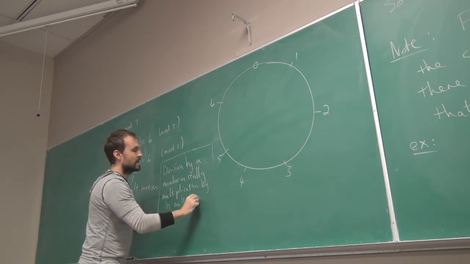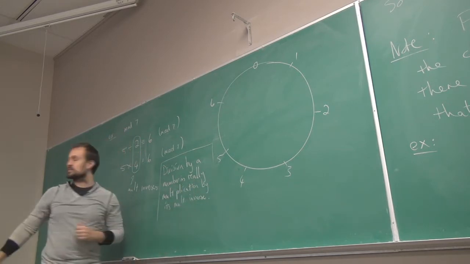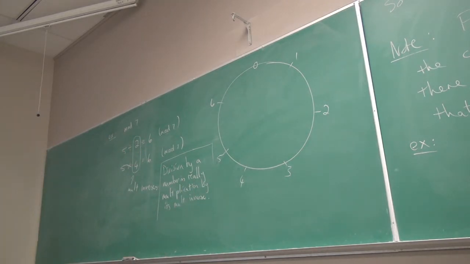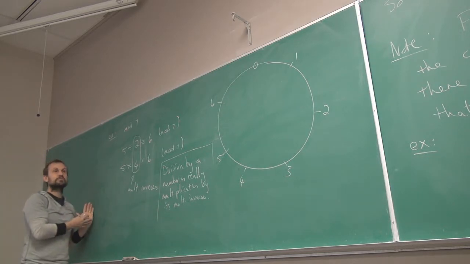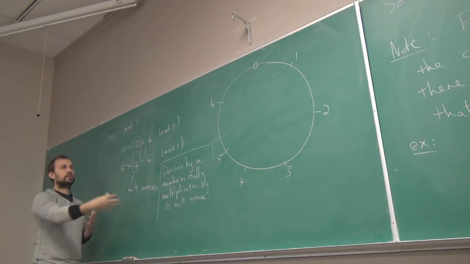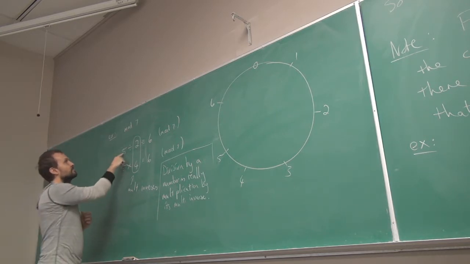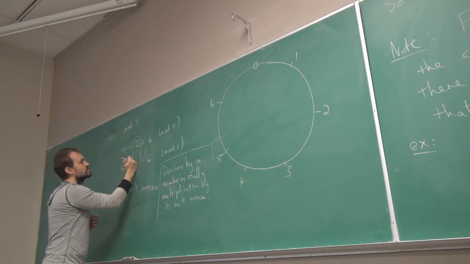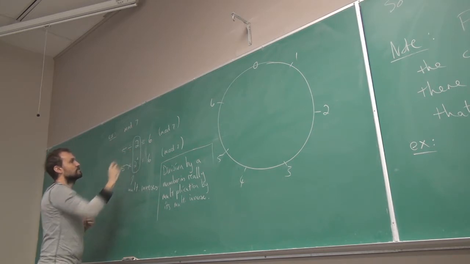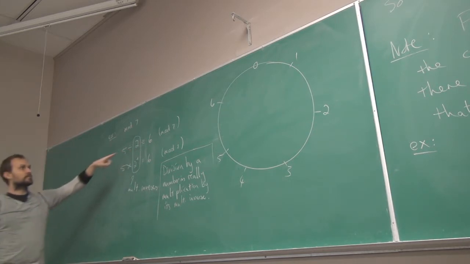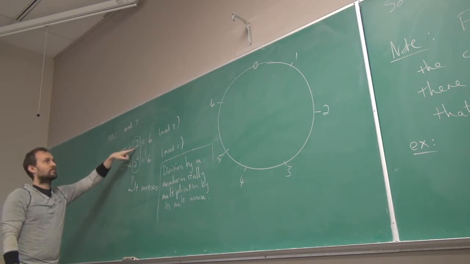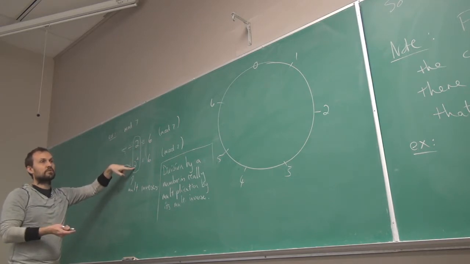Now, if I understand the mathematical structure and properties, I don't need to be on this left intuitive side. I understand how these things are related to each other, and I can be much more efficient in my calculations. So if I have division, this is the same as multiplication by the multiplicative inverse of this number, which happens to be 4 in this case.